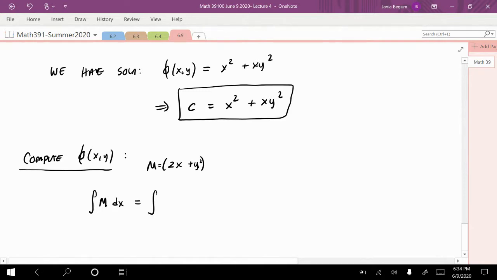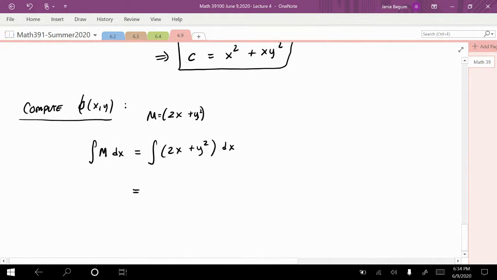So we have the integral of 2x plus y squared dx. If you integrate, you get x squared plus, if I integrate y squared, I get xy squared because y is a constant. But plus a constant, instead of putting a constant, we're going to put a function g of y. A function of y. And this is what we're calling the function phi of xy.